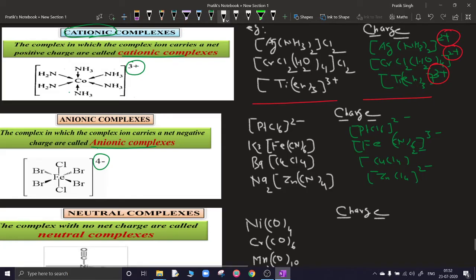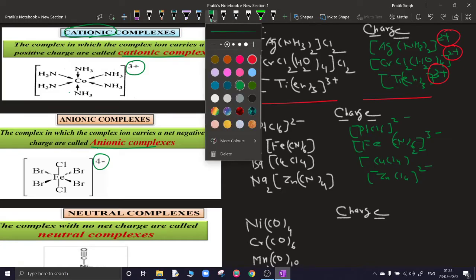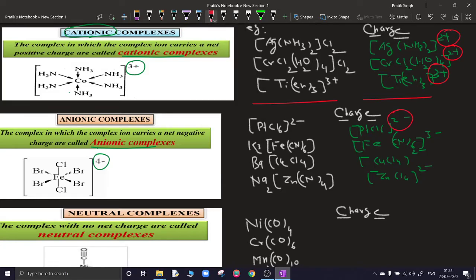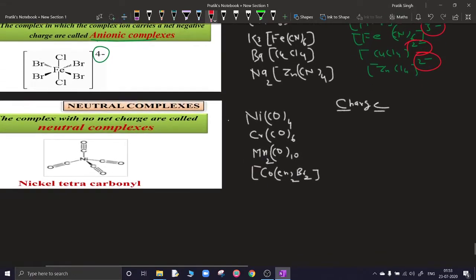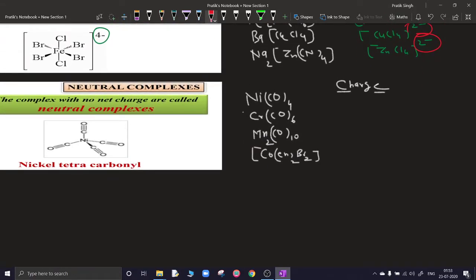So if you see the charge over here, all the complexes have a negative charge. Since they all have a negative charge, they are referred to as anionic complexes.